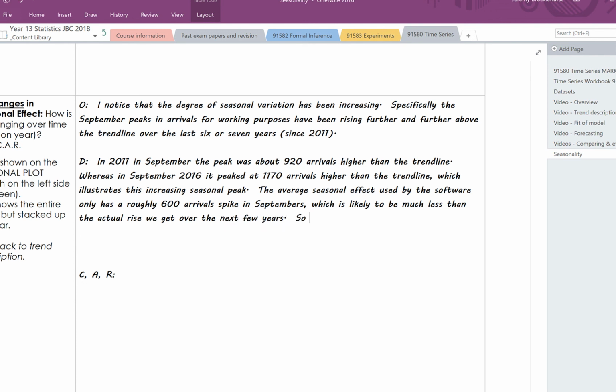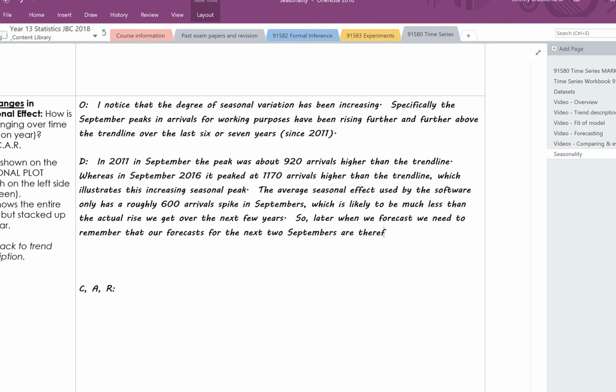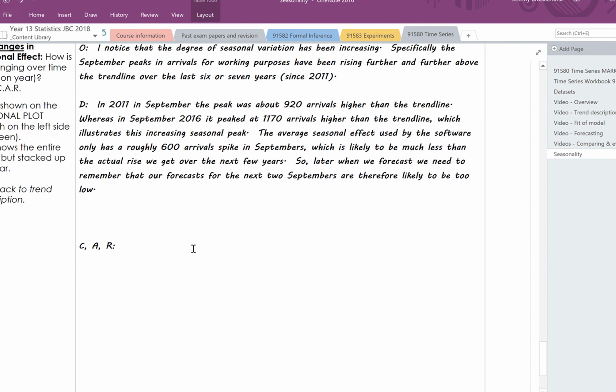So later when we forecast, we need to remember this, or remember that our forecasts for September, for the next 2 Septembers, are therefore likely to be too low. So making that link.